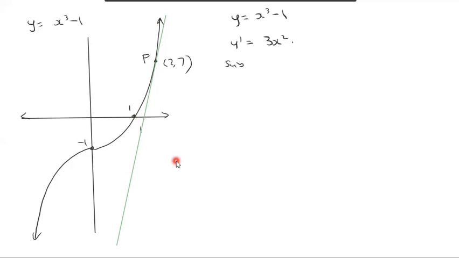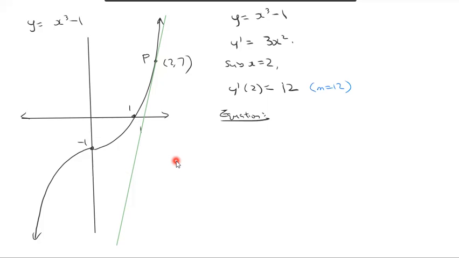Yep, so sub x equals 2. So y dash at 2 would equal? It's 12. Good. And what does that mean, for our purposes? m equals 12. Correct. And since we know m and we know the point, then we can get the equation.